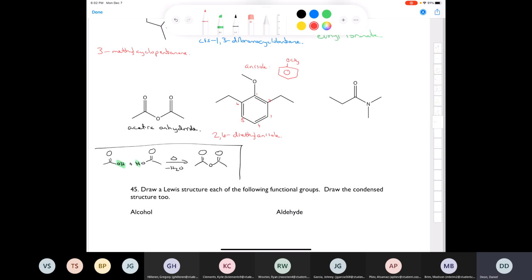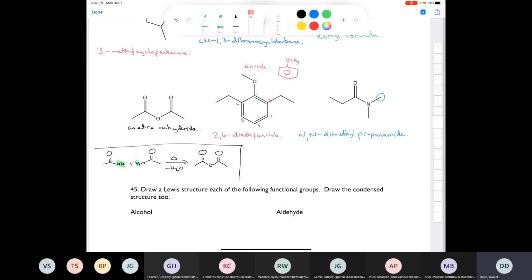And the last one is an amide. Okay, and we've got 2 methyl groups on here, so this must be some kind of N,N-dimethyl, right? And then if we've got 3 carbons here, this would be propanamide. Propanamide. That would be the systematic name.